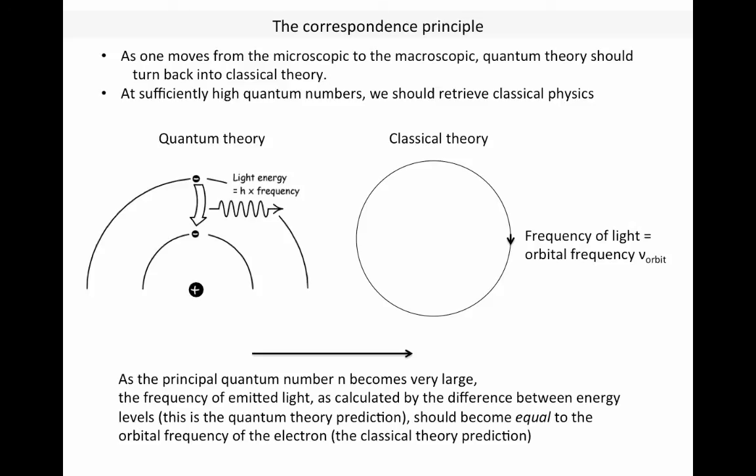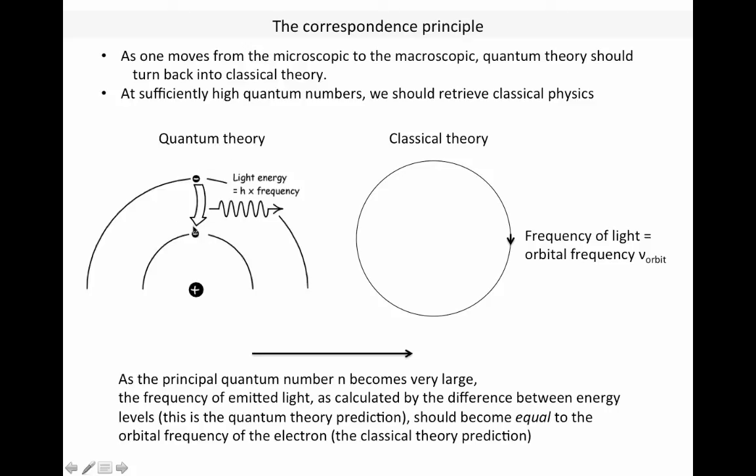Or to put it another way, the things that our new theory predicts should smoothly become consistent with the things that our old theory predicts. So, for example, classical theory says that the frequency of light emitted by a charge in circular motion is equal to the orbital frequency of that charge. Quantum theory says that the frequency of light emitted should be proportional to the difference in energy between the orbits that the electron is jumping to and from.